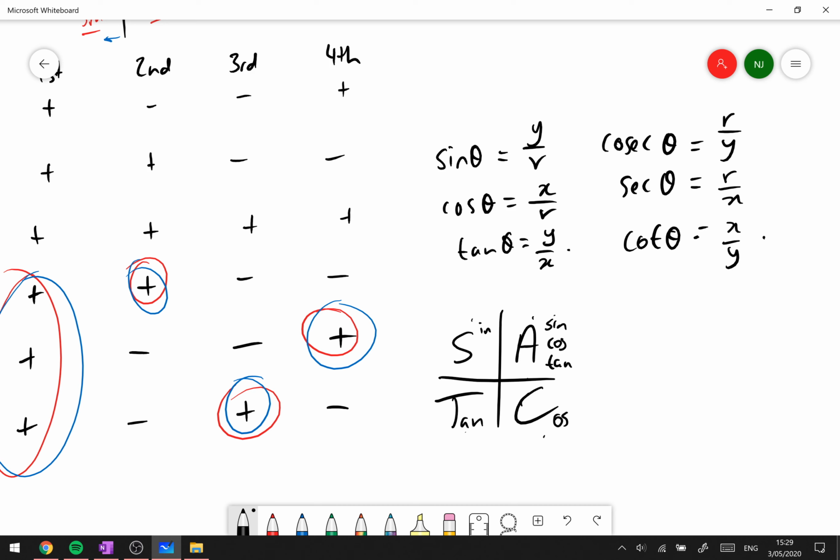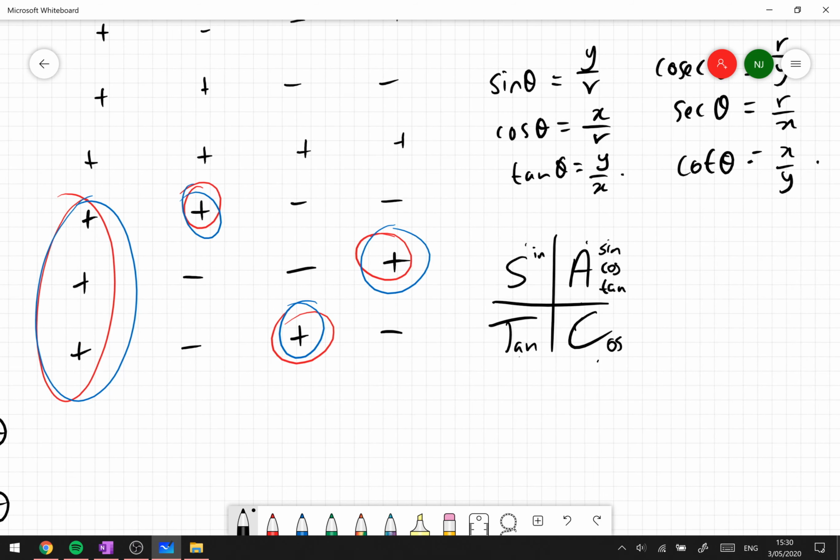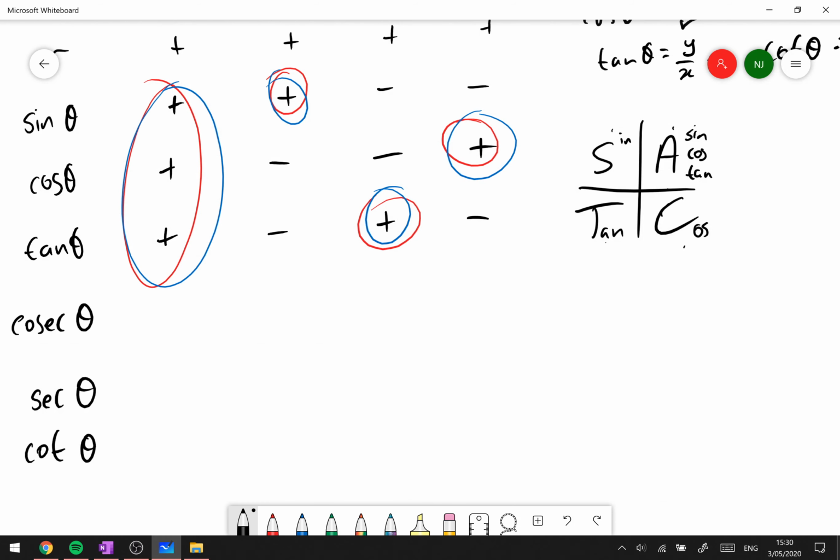Well, the answer to that is no. A positive divided by a positive, it doesn't matter if you divide the first positive by the second positive, will still always give you a positive. A negative divided by a positive will still give you a negative answer, regardless of if you do the negative number first or the negative number second. So it turns out that cosec, sec, and cot actually share the same signs as their reciprocals.